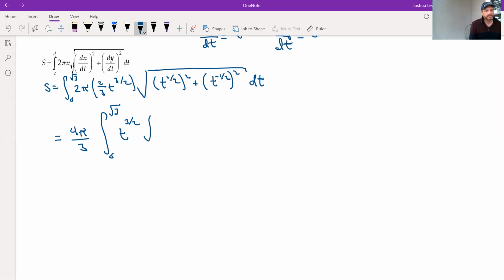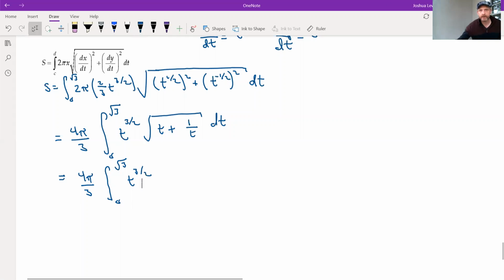And then what does all this become? Well, t plus, let's see, 1 over t dt. And let's see if good things happen here algebraically. Dare I say, moral things happen. See, if we were all in person right now, we'd be having a good laugh.